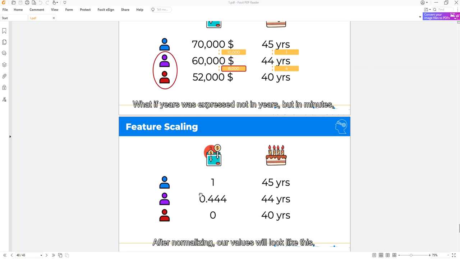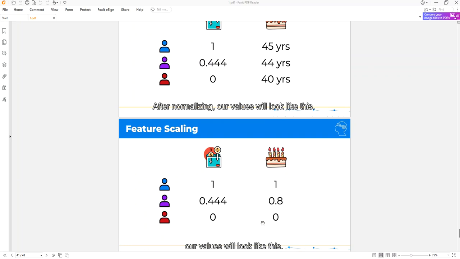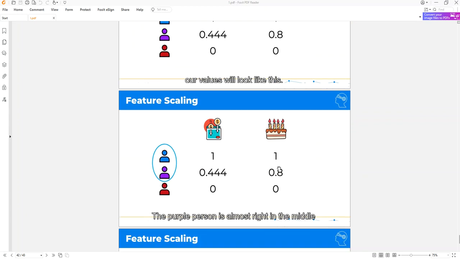Now let's move on to the next feature, which is our age. If we apply that same normalization formula to our age column, we will have these values. So the purple person is right in the middle after looking at the feature scaling, because if I look at 0.44, it is 0.45 or 0.5 actually, if I round it up a little bit.